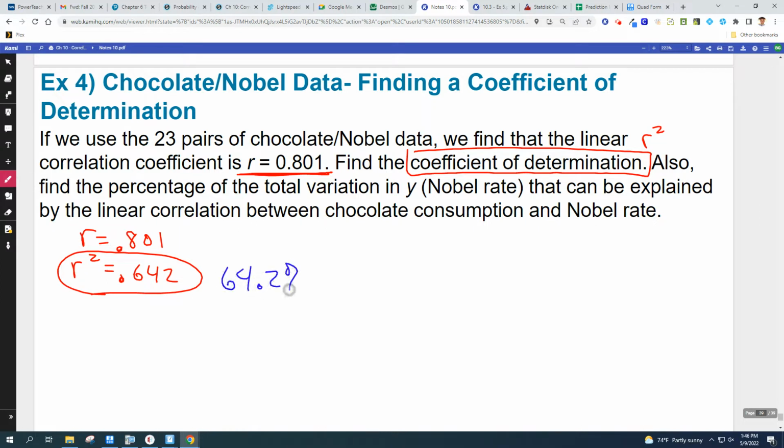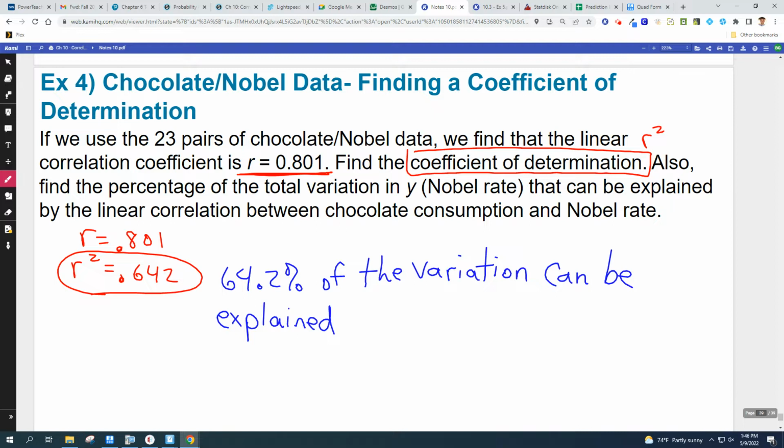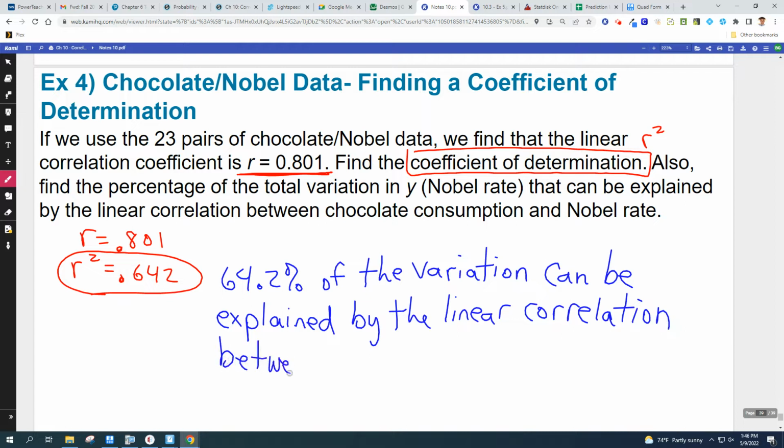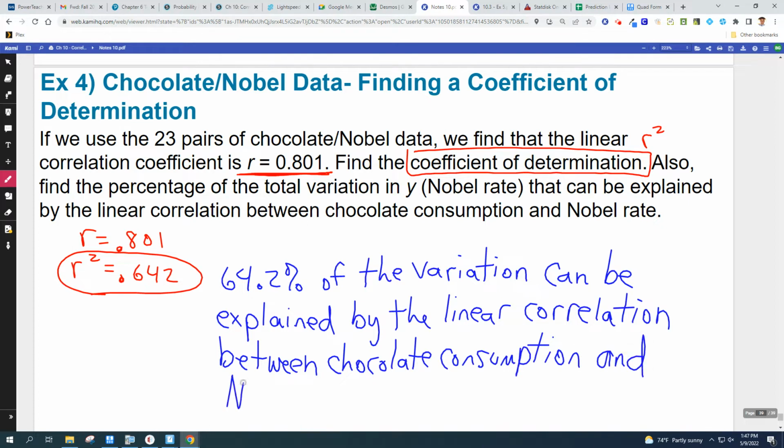It's 64.2%. 64.2% of the variation can be explained by the linear correlation, and in this case it's between chocolate consumption and Nobel laureates.